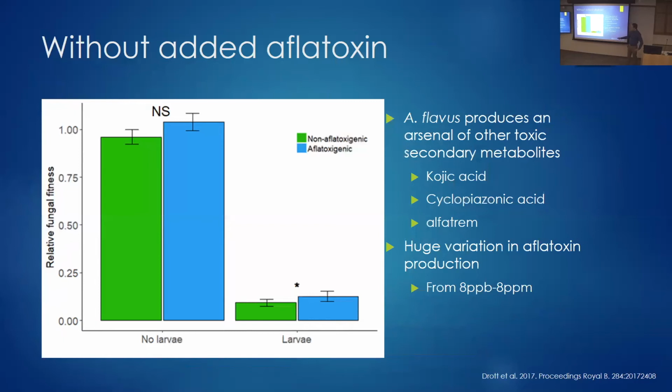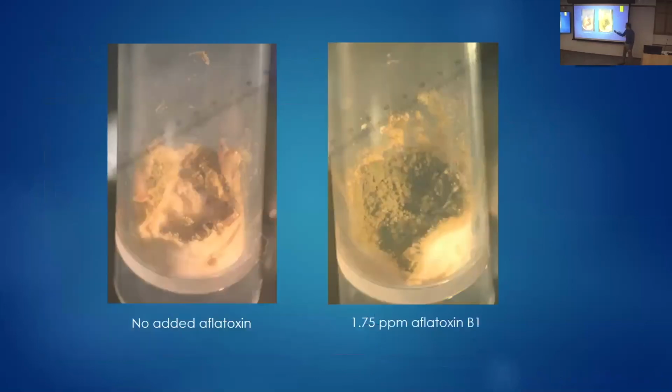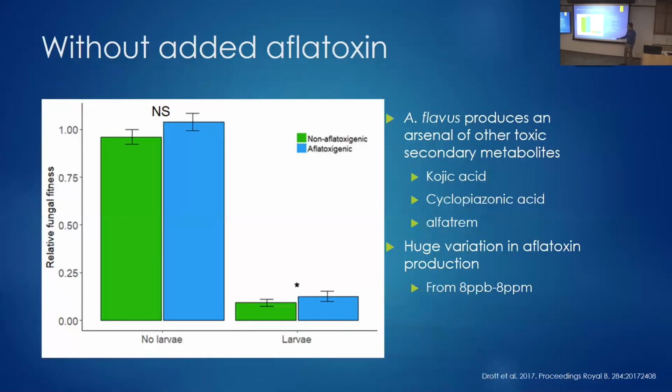But in the presence of larvae, we do see a significant difference with aflatoxigenic isolates having slightly higher fitness than non-aflatoxigenic isolates. But this is a little bit shocking. We went from having this visualizable 20-fold difference to just eking out a difference there. And so we had to ask, why is the difference so small?